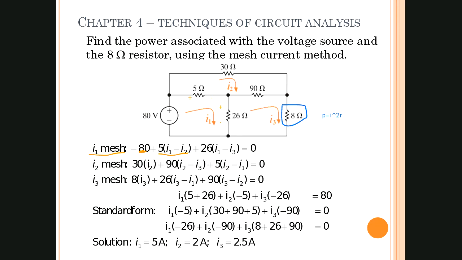Just to show you what I mean, I'm going to put minus right here and plus right there. So I2 is going across that 5 ohm resistor in this direction, while I1 is going in this direction.